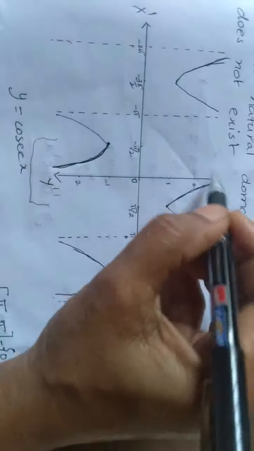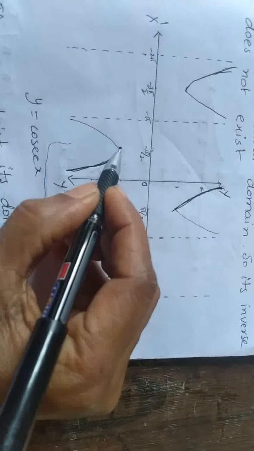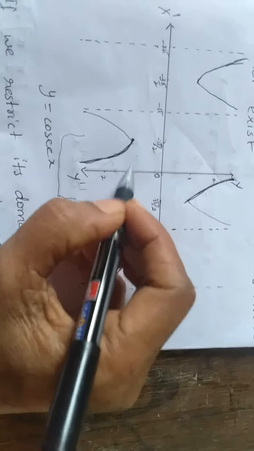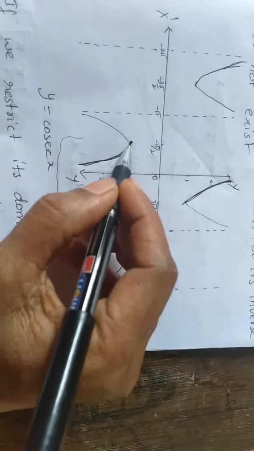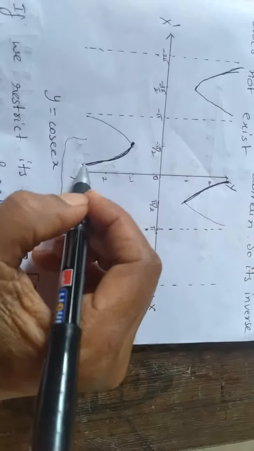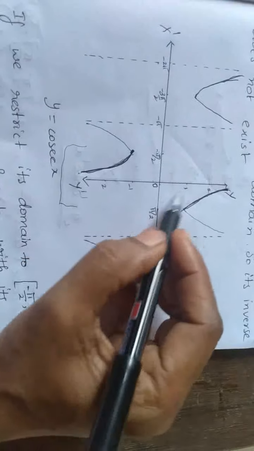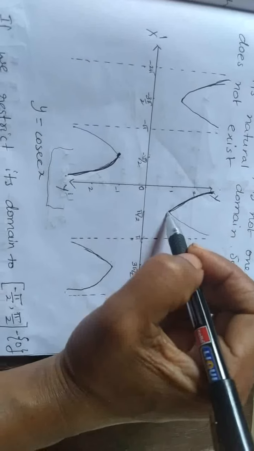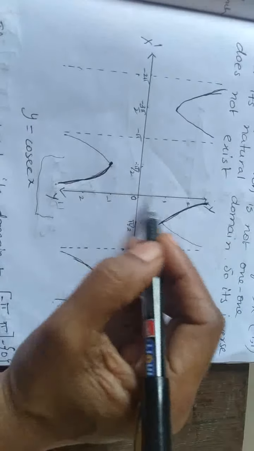And from this graph, it is very clear that from minus pi by 2 to 0, the range starts from minus 1, then slowly decreases, and reaches minus infinity. And after that, from 0 to pi by 2, it starts from infinity, then slowly decreases. And at 0, we can't define the function.